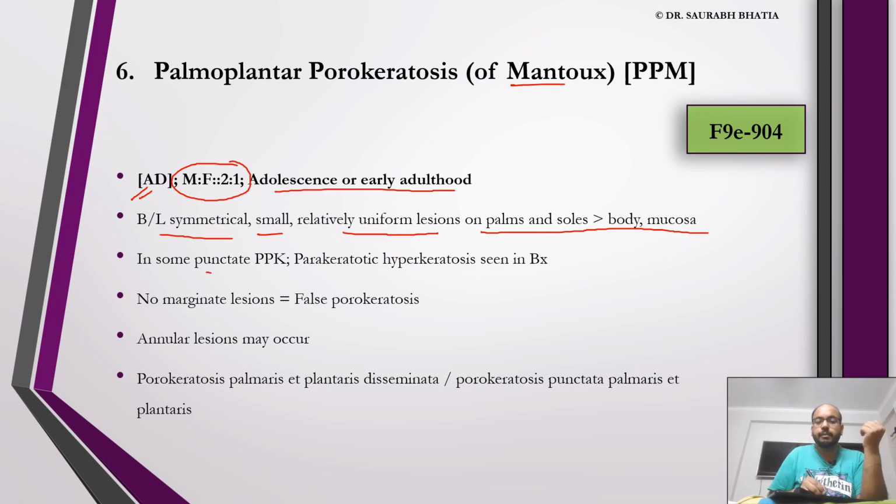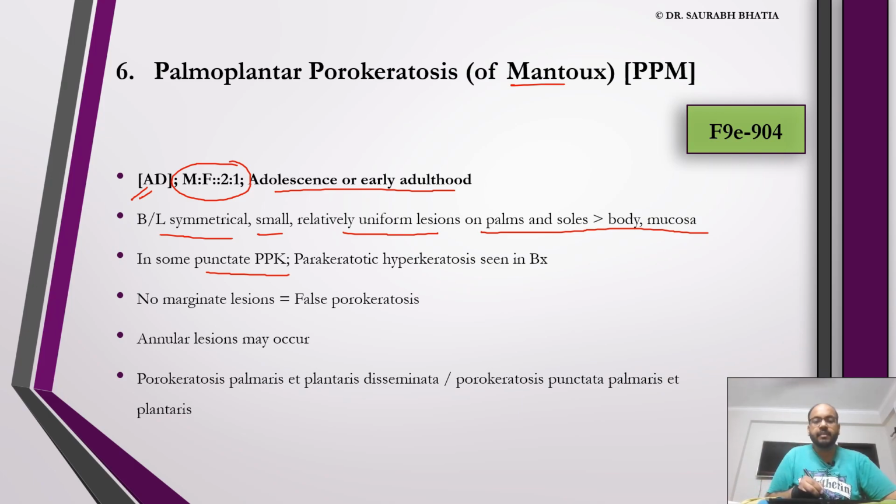In some punctate PPK, so remember in part 1 of palmoplantar keratosis or non-syndromic palmoplantar keratoderma, we have discussed punctate PPK. So punctate PPK over palms and soles are a good differential of palmoplantar porokeratosis, and you can in fact see cornoid lamella in the biopsy. So it could be a very confusing disorder to distinguish between these two.